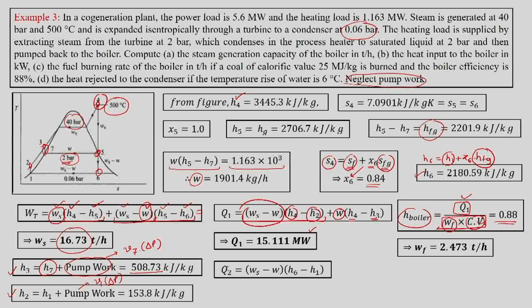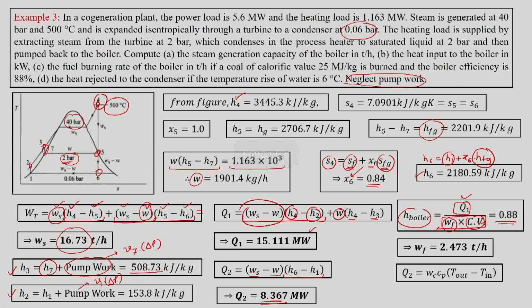Then Q2 is the amount of heat rejected, which is W minus Ws into enthalpy drop in the condenser, H6 minus H1, and the amount of heat rejected is 8.37367 megawatt. But the amount of heat rejected is equal to mass flow rate of water into specific heat of water into change in temperature of liquid water used for cooling purpose.